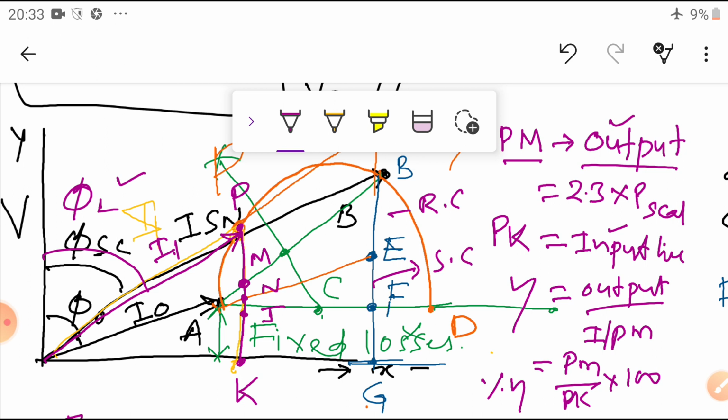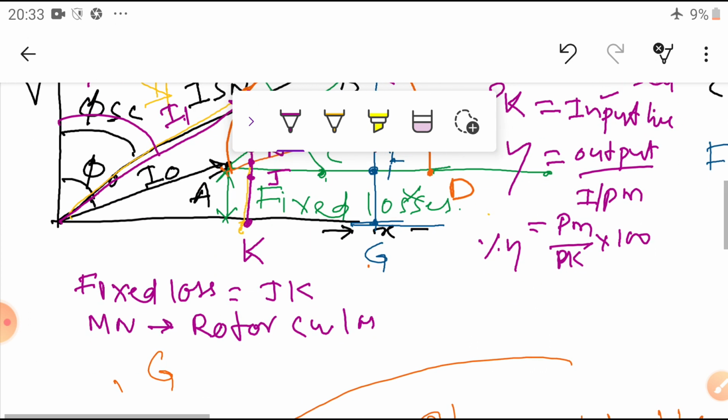Already we have seen that MN is the rotor copper loss and NJ is the stator copper loss. Simply measure the length and you get the value.